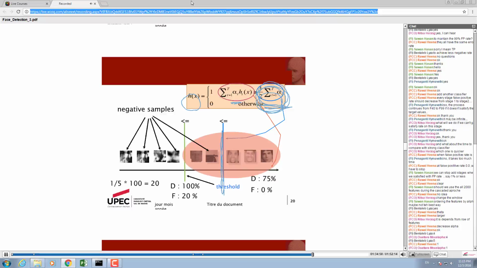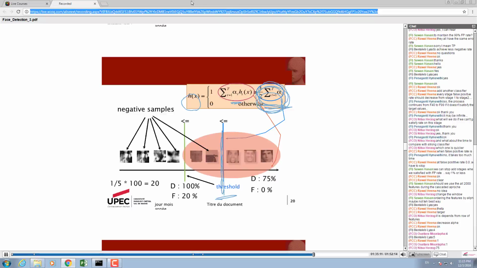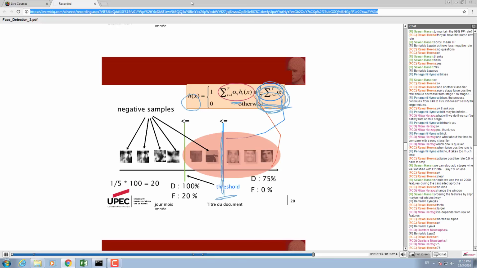Okay, yeah. And we're using the default blue threshold value here. So what is the detection rate? Yeah, it is around 75.